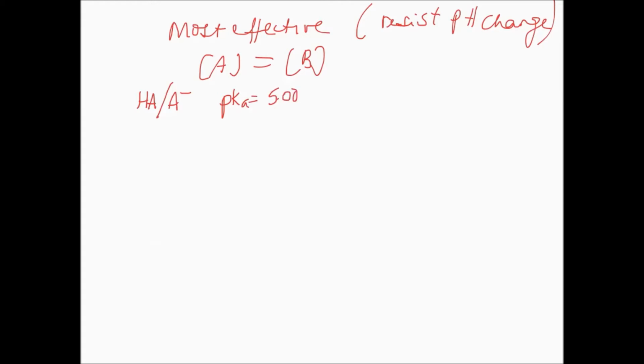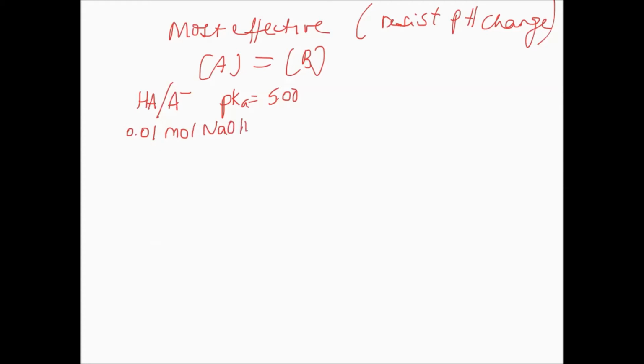I want to keep the sodium hydroxide which is added to this buffer system pretty low, similar to what we had done in the previous case. 0.01 is a good number. 0.01 moles of sodium hydroxide will be added.